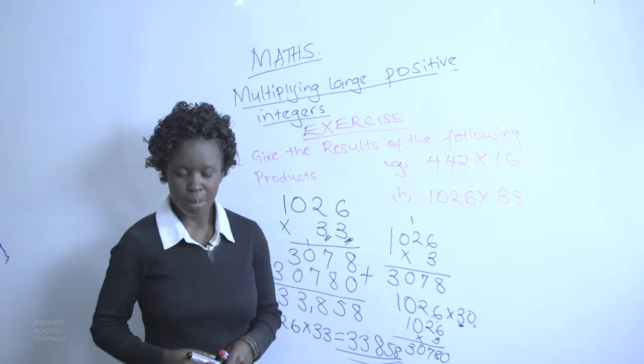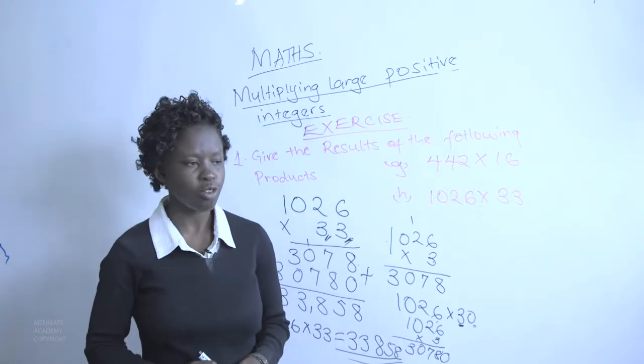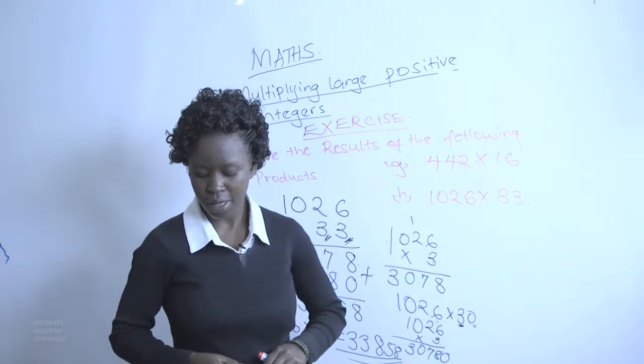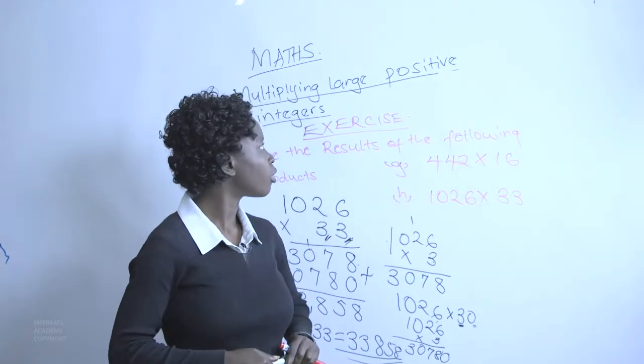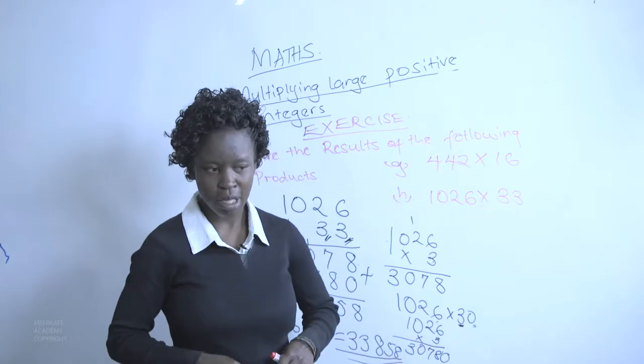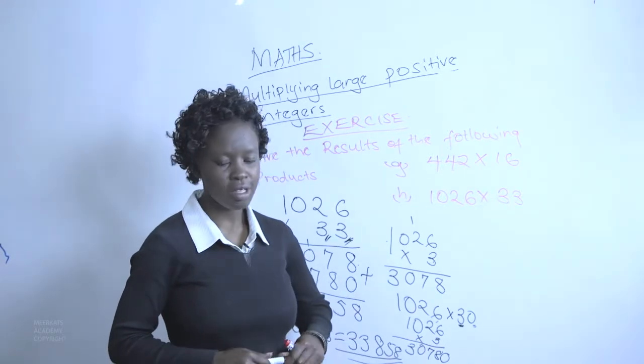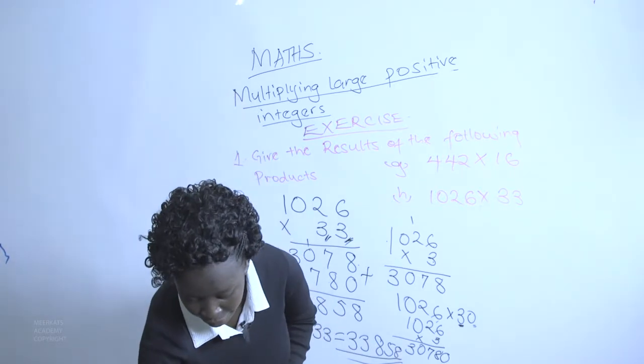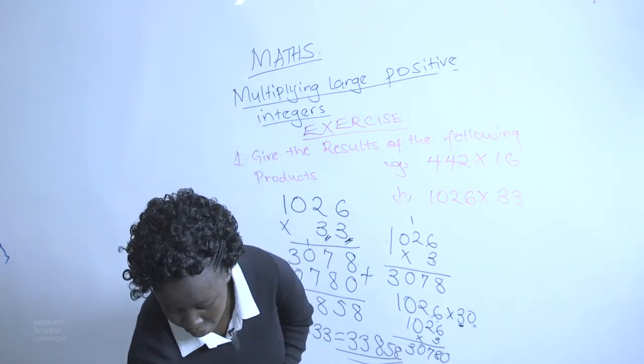So that is multiplication of positive numbers, be they small numbers or large positive numbers. That is the procedure that is involved when we are multiplying integers.